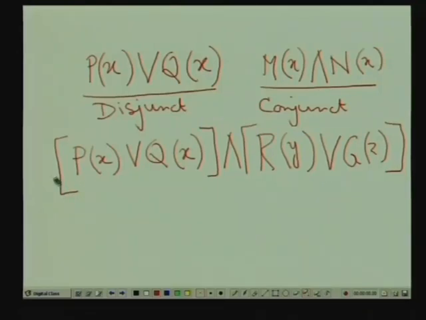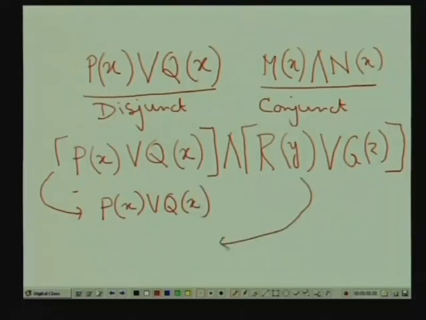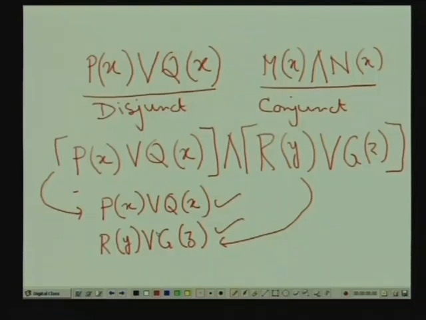This one I can write down separately as Px or Qx, and this one I can write down separately as Ry or Gz. Now, according to our definition, both these are clauses, and each of these disjuncts can be written down as a separate clause, and that is our objective, to convert it into the clausal form.